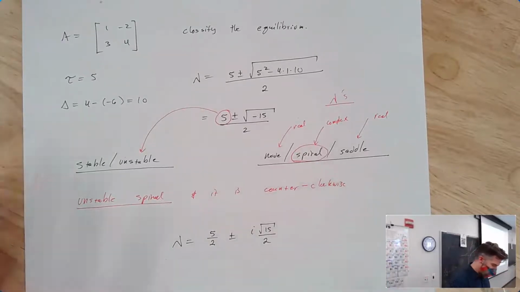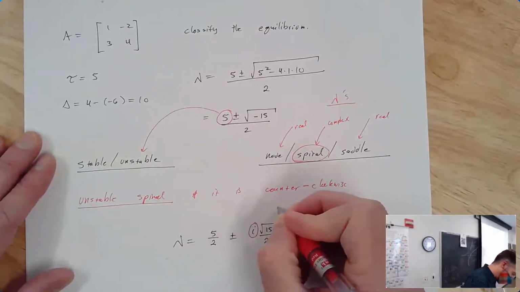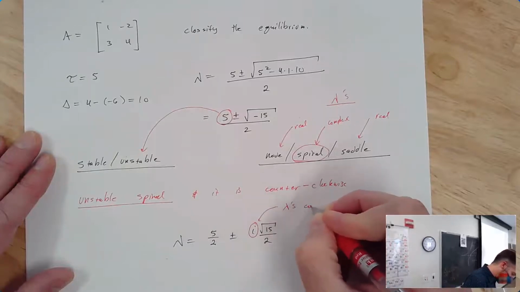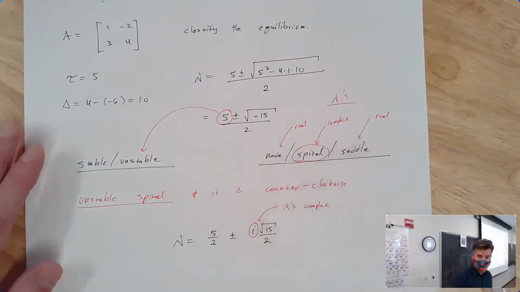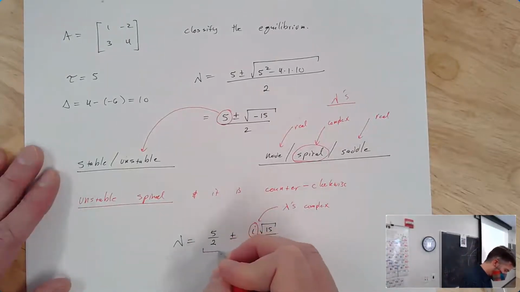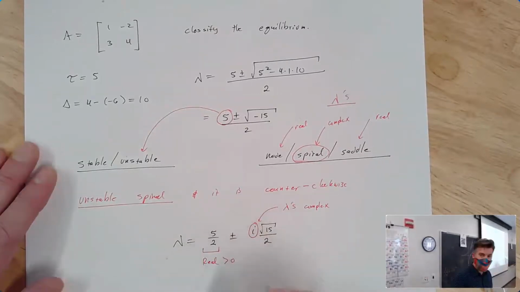That part right there, that's what's leading me to say, oh, this means my eigenvalues are complex because we have an imaginary number there, a square root of a negative. And this part here, the real part, is positive, which means we have instability.